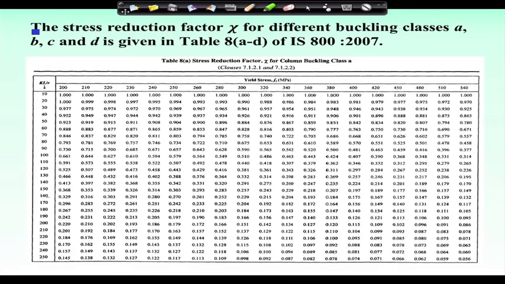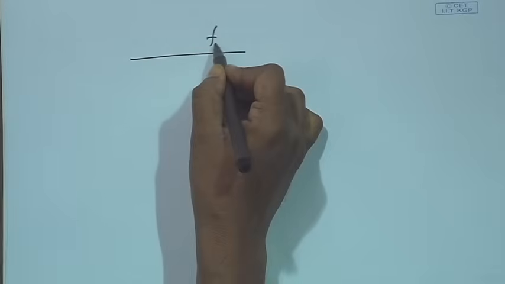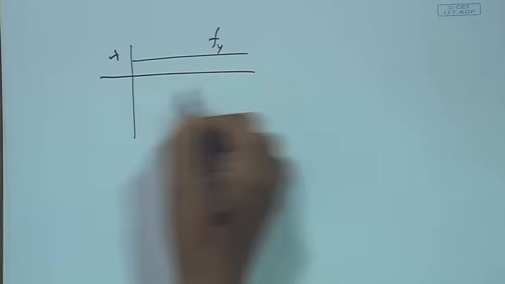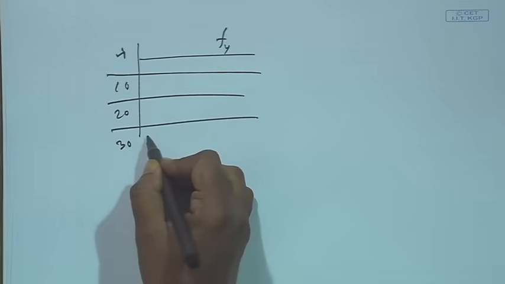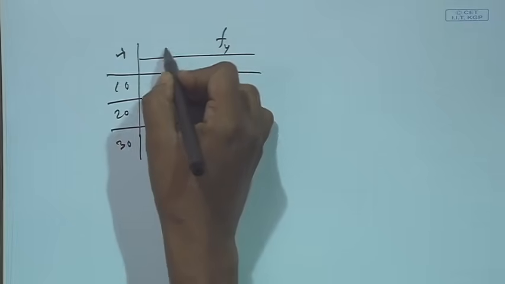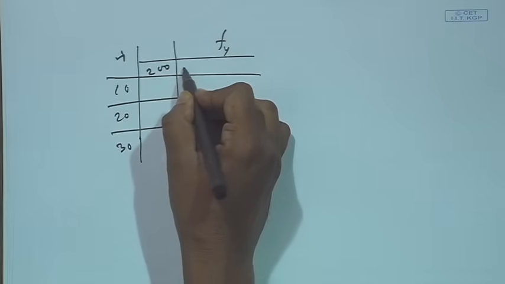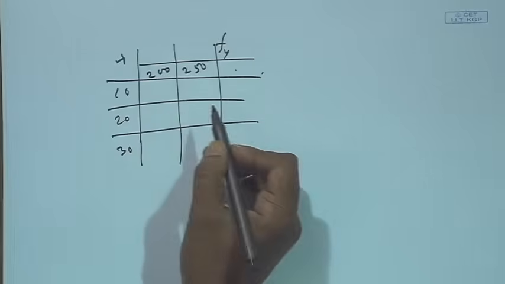So, if we see Table 8A to Table 8D of IS 800:2007, this is given for different yield stress Fy with different lambda, say 10, 20, 30 like this. The value of Fy, say 200, say 250. So, different types of values are given.